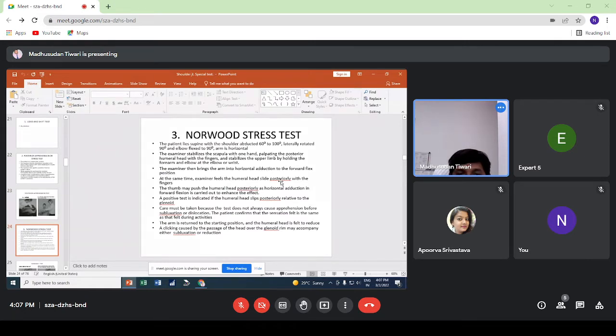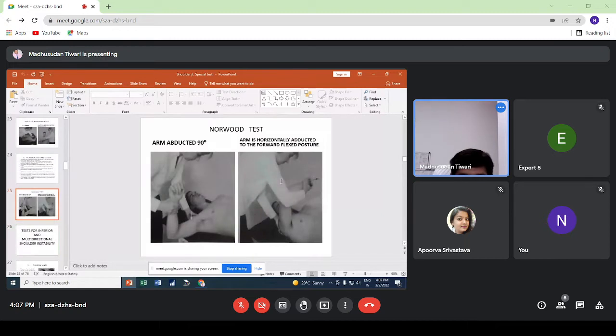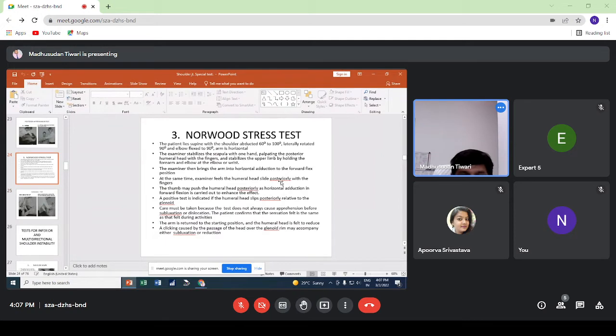Our next test is the Norwood stress test. The patient lies supine with the shoulder abducted to 60 to 100 degrees. Then it is laterally rotated up to 90 degrees and the elbow should be flexed to 90 degrees. Then the arm is horizontal.